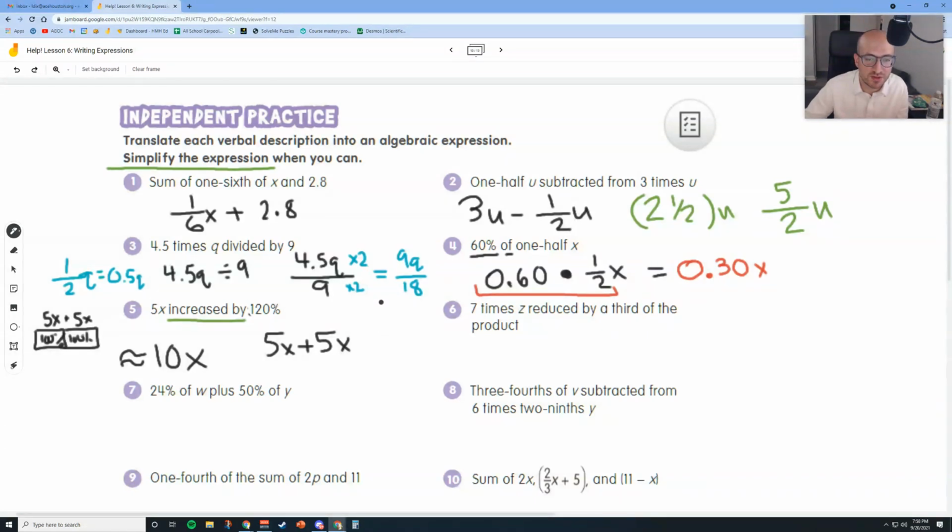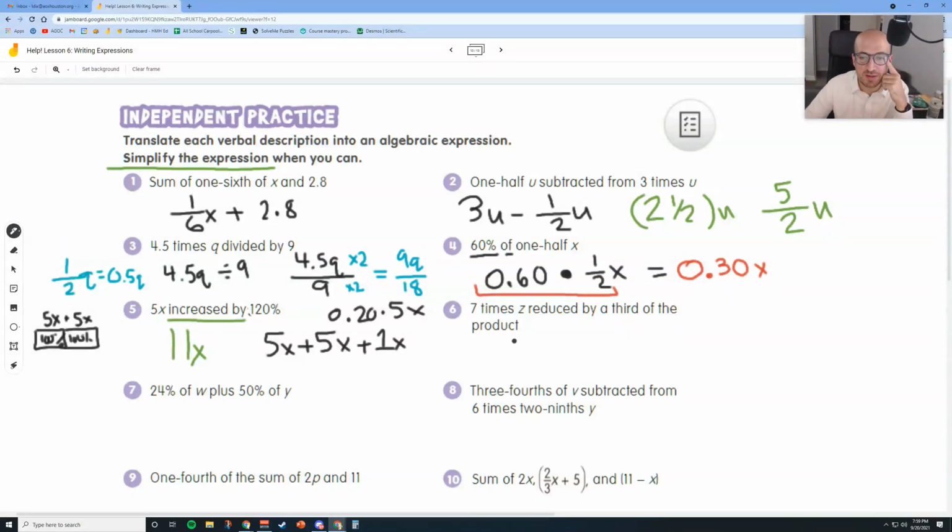How are you going to best understand this? 20%, I could do it as a fifth, but 20% of 5x is the same as just x, or 1x. So 5x increased by 120% is 11x. This one's so hard. Increasing by a percentage, oof. That's probably why I'm making this video.